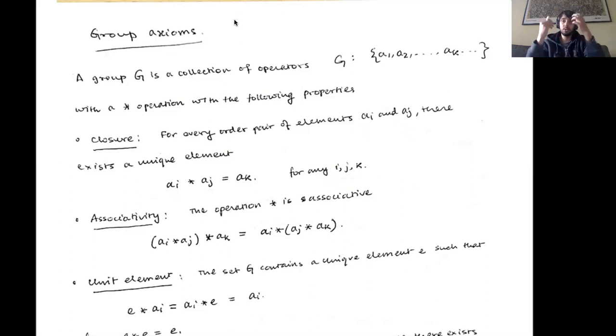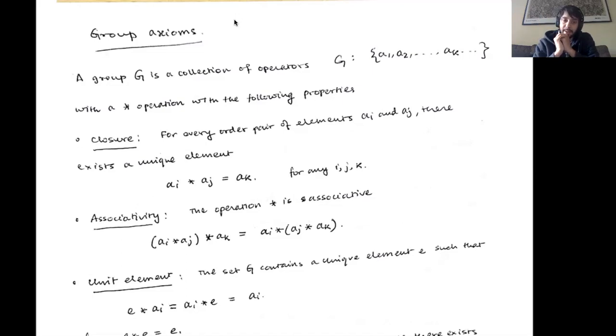You take two of these group elements, you have this operation of star between them. It necessarily has to produce an element which again belongs to the same group. This is closure. Okay, so everything's in the group.